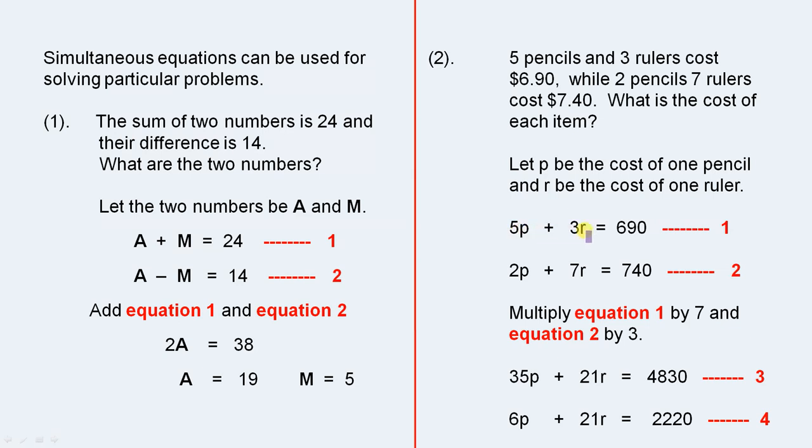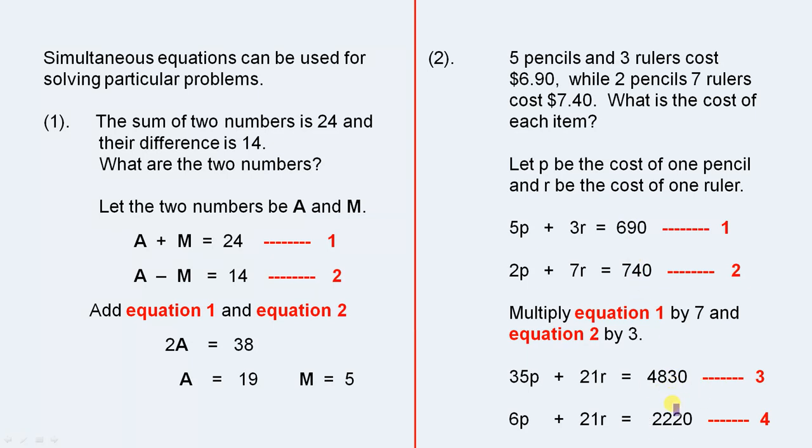When we multiply equation 1 by 7, we get 35p plus 21r equals 4,830, and that's equation 3. When we multiply equation 2 by 3, we get 6p plus 21r equals 2,220. Of course, they were cents, so that's cents.